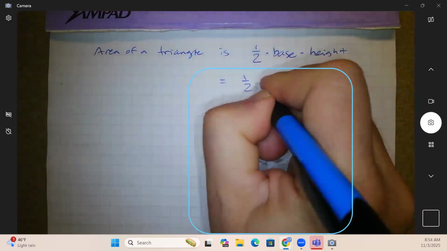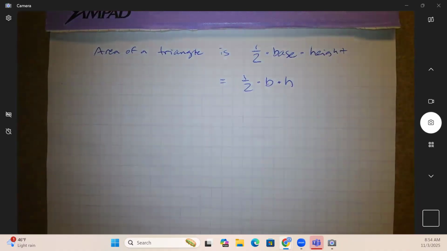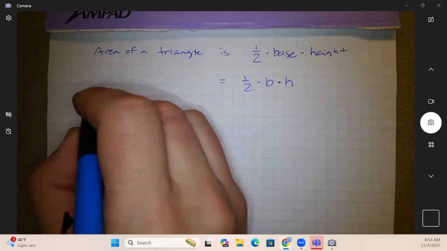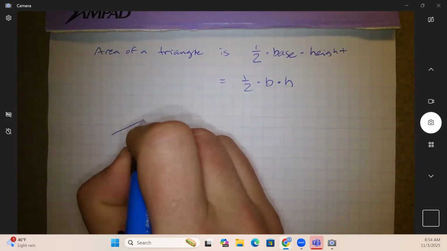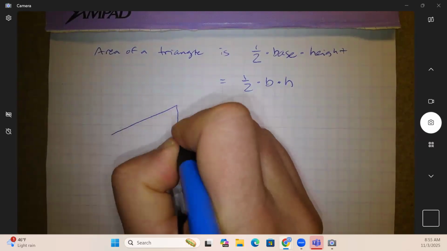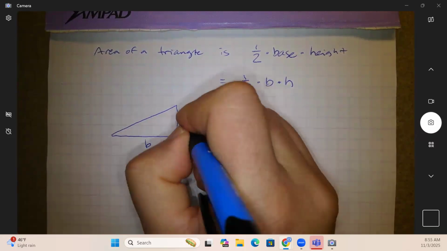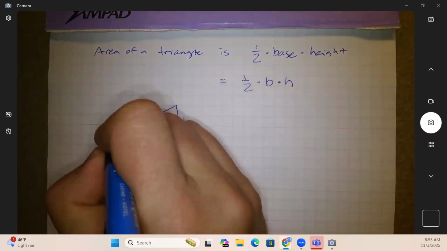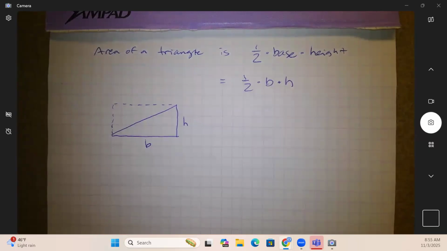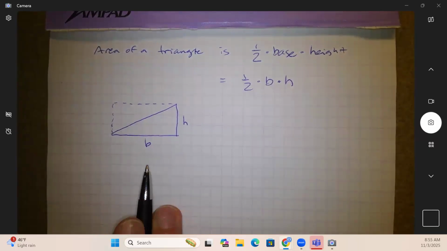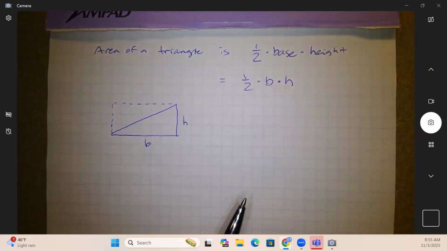So 1/2 times B times H. And the reason for that is if the base of my triangle is B and the height is H, I could imagine that I form a rectangle. The area of a rectangle would then be B times H. So the area of the triangle is half of that.